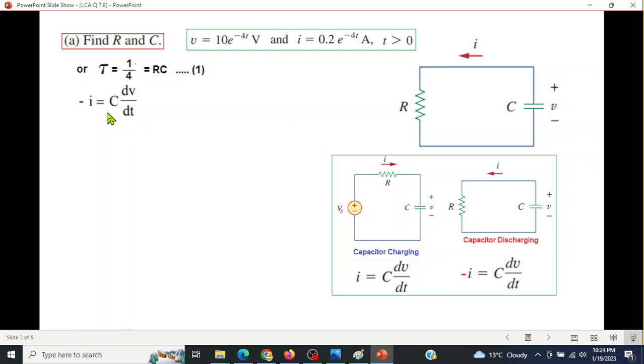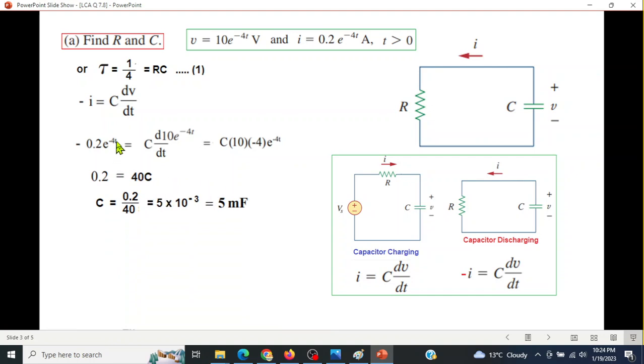And we know I from here, so we'll put that value. We know V from here, so we'll put that value here. So I is equal to C dV/dt, and when we differentiate this, we'll get 10 minus 4 e raised to the power minus 4t. I hope you know how to differentiate.